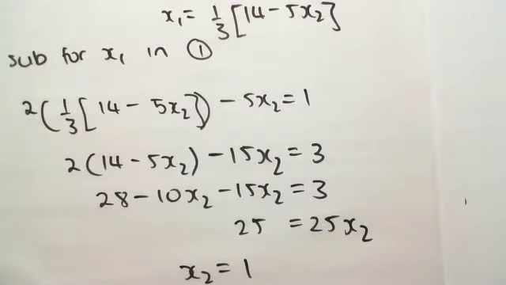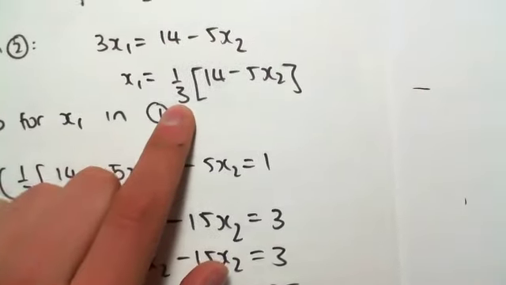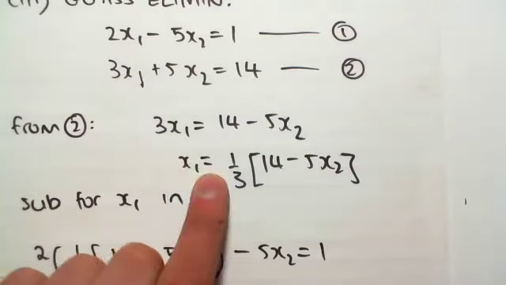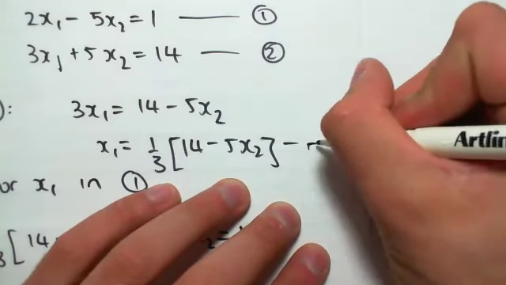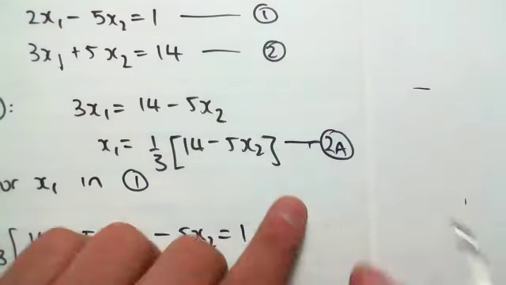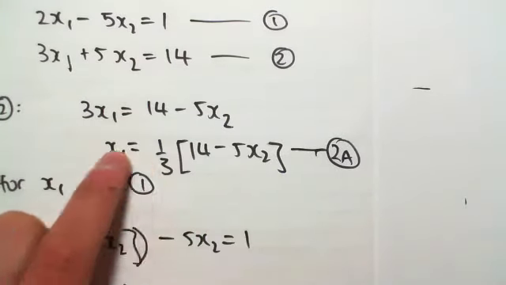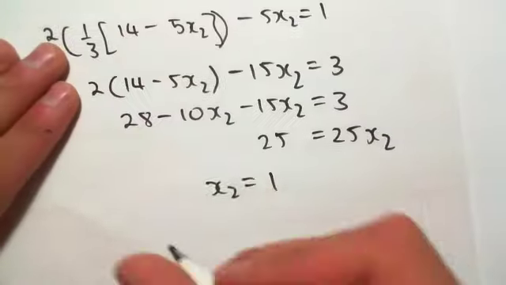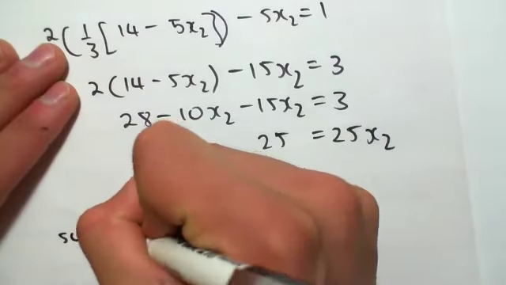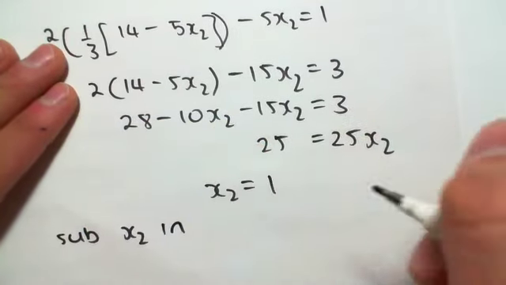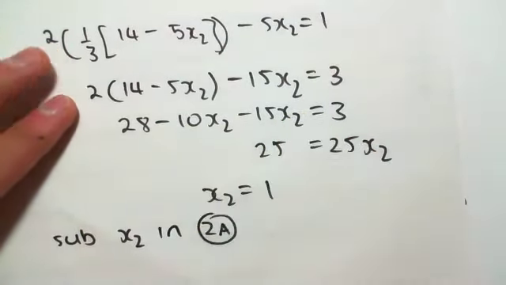We then would just substitute that back in to the formula we developed here. Now this was from 2. I'm going to call this 2a. Subscript a is denoting the fact that I got this equation from equation 2. It's just in a different form of x1. So I'm going to write sub for x2 into equation 2a.